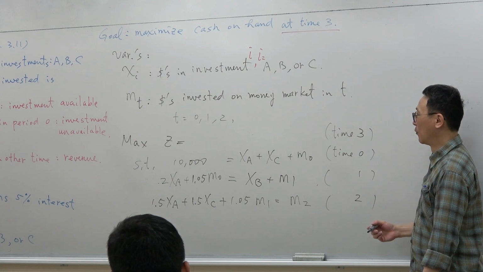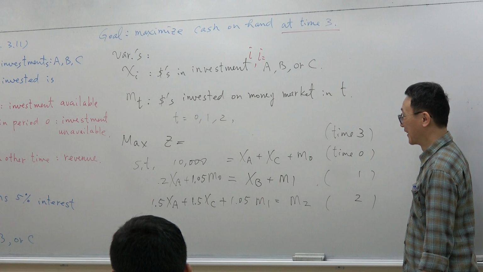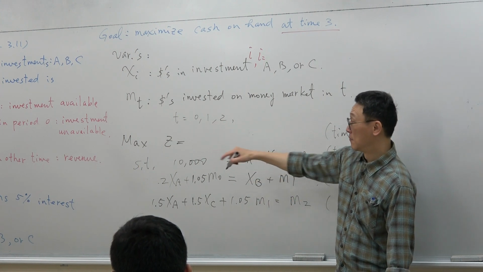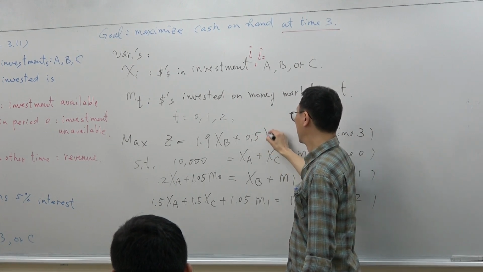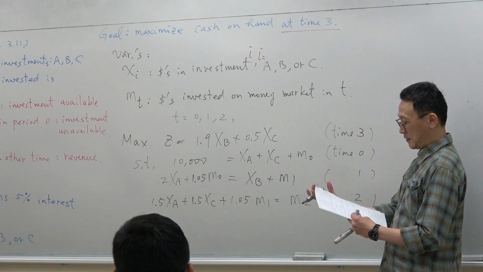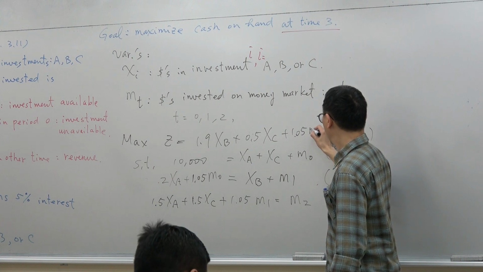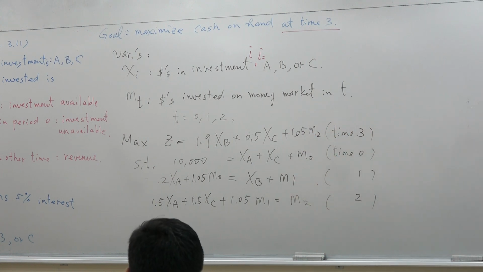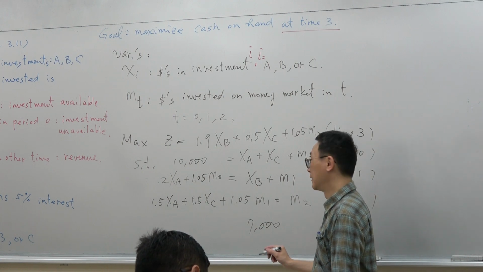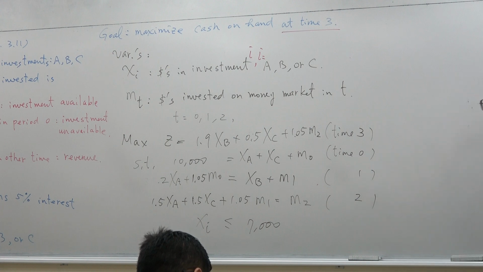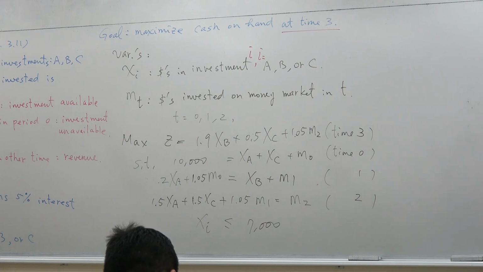So our objective function is 1.9 XB plus 1.05 M2, and 7,000. Okay, questions? Non-negative.